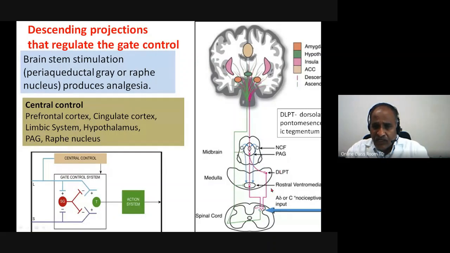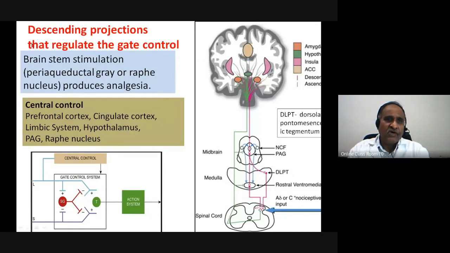One nucleus, a noradrenergic nucleus, the dorsolateral pontomesencephalic tegmentum, has inputs through the noradrenergic neurons. And you have another input from the periaqueductal gray to the raphe nucleus. This is serotonergic, and that descends down. Both of them will come here, and they would decrease or modulate the pain.